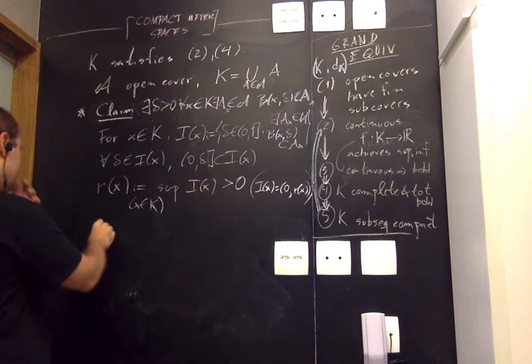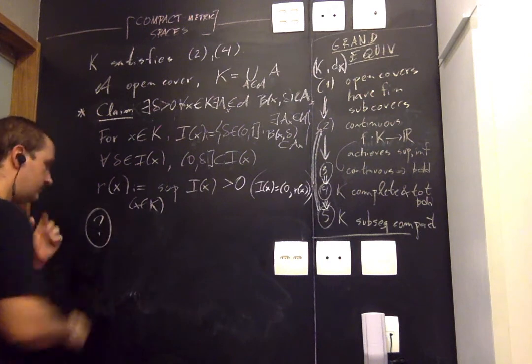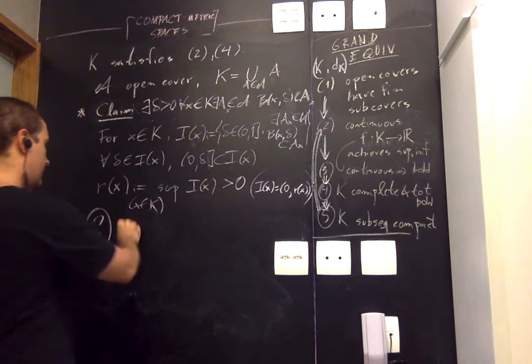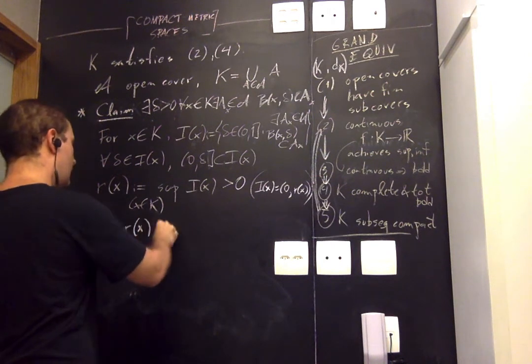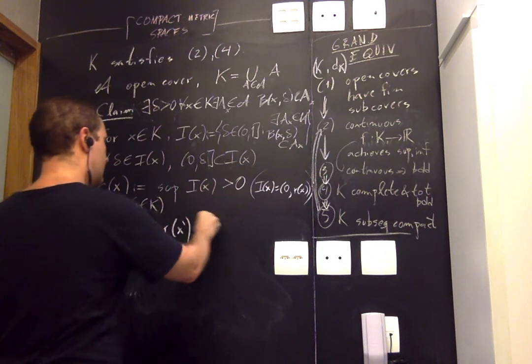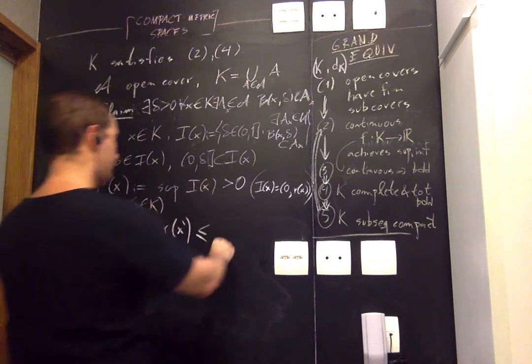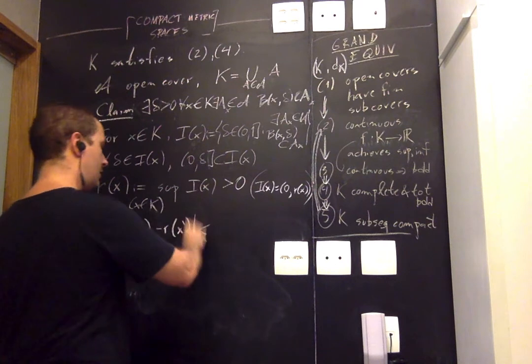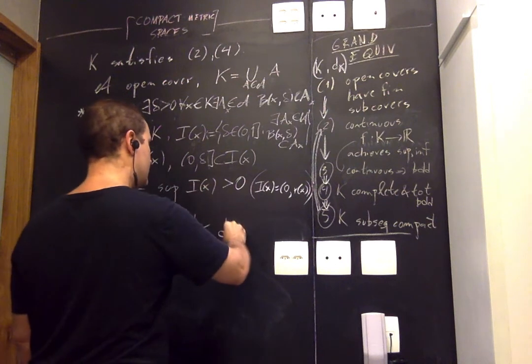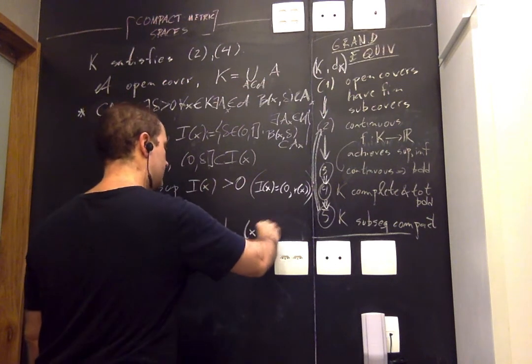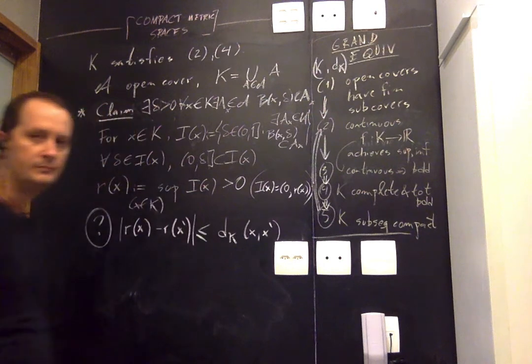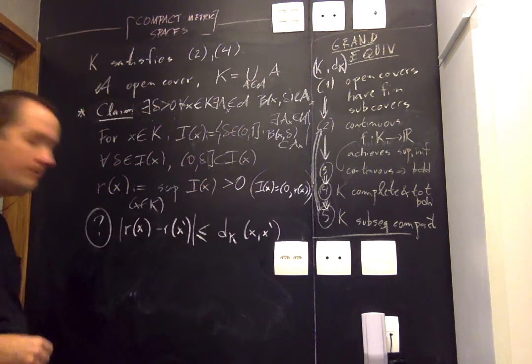I want to argue that if I compute R at two different points, the difference in the values R of x and R of x prime is at most the distance between these points. Okay?